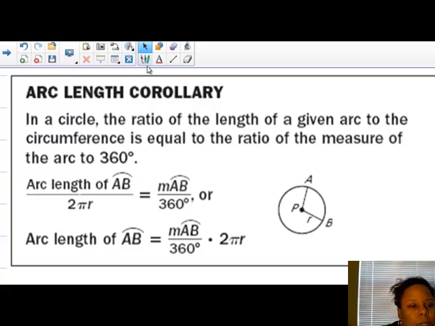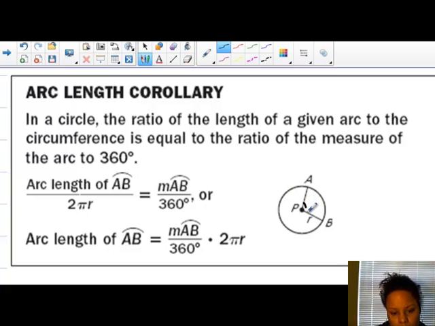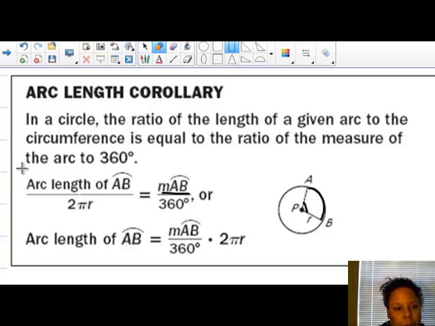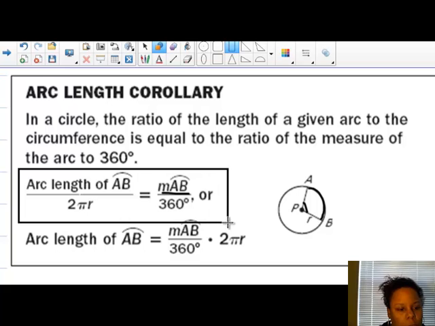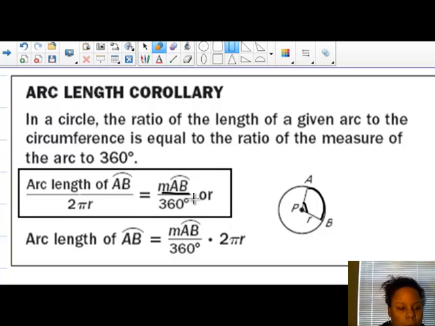And over here, we have the measure of the angle that produced the arc AB divided by 360 degrees. I like to use this formula because it seems to be more consistent with what we're used to as far as part to whole, part to whole, part to whole.